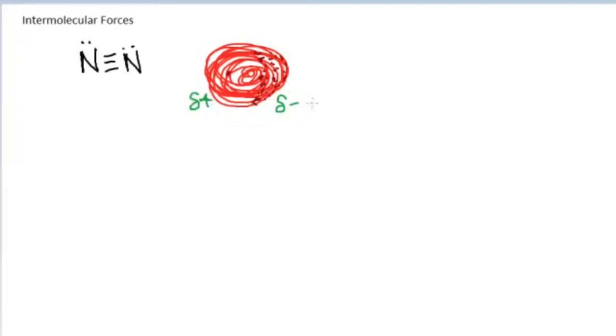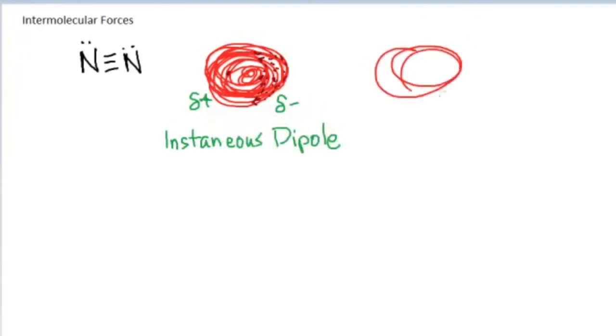We call this an instantaneous dipole, and we know from our experiments that this is going on in molecules. Even molecules with permanent dipoles, polar molecules, exhibit this behavior. So we get what's called an instantaneous dipole, and all of the molecules in our sample are doing this.